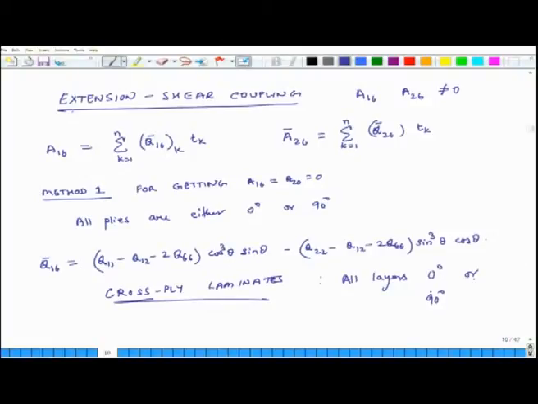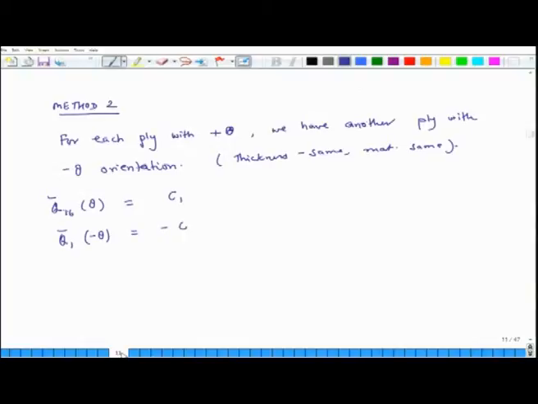Odd function means that if I change from theta to minus theta, the contribution of positive theta would be C1 times thickness of the layer, and contribution of negative theta layer will be minus C1 times thickness of the layer, and when you add these two up it becomes 0.